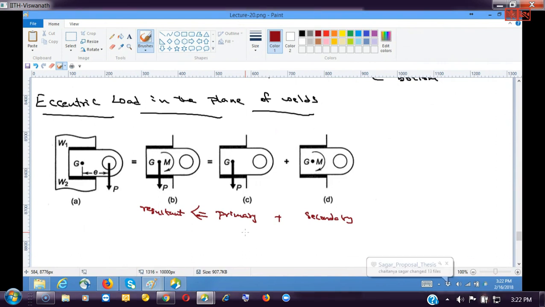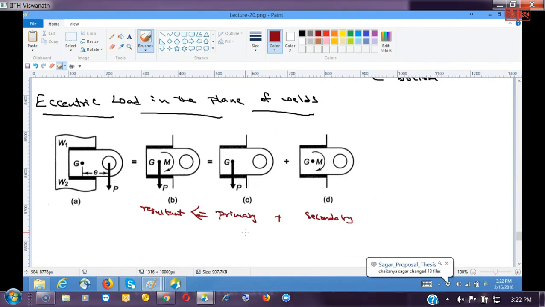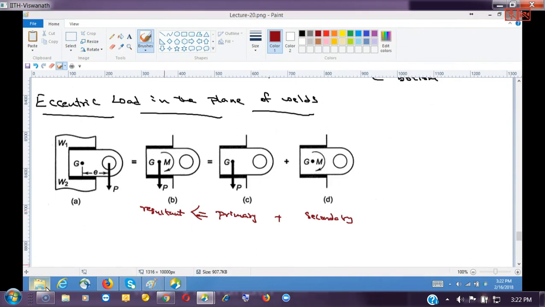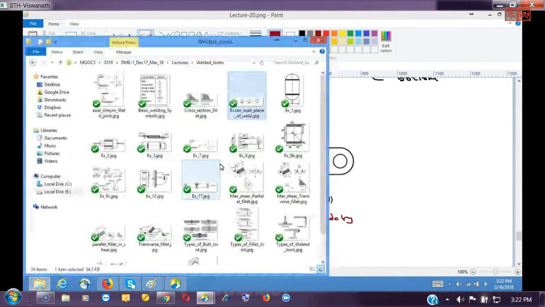So for that, let me show this part again in terms of stress distributions.